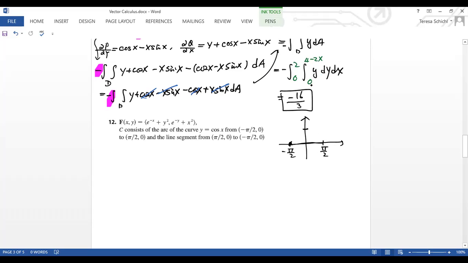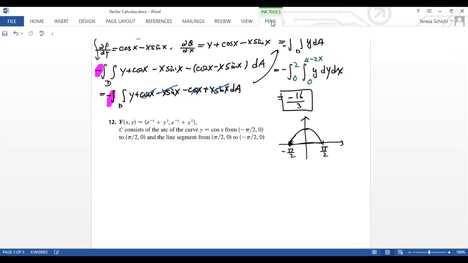So it's the curve y equal to cosine x from -pi/2 to 0 to pi/2 to 0. See here, cosine pi/2. This is the end of the line segment, pi/2. That's why this curve goes like this, right?